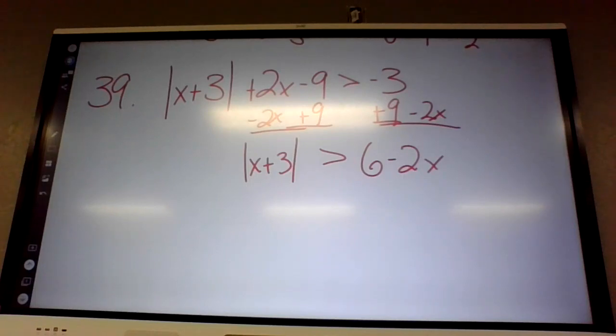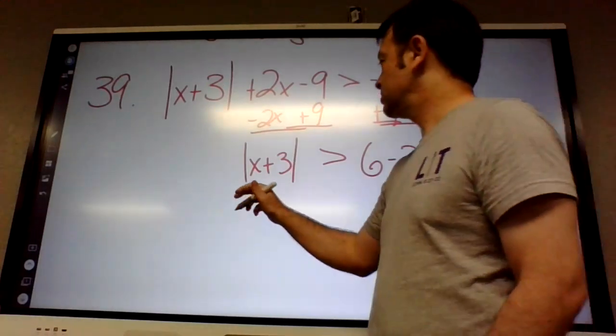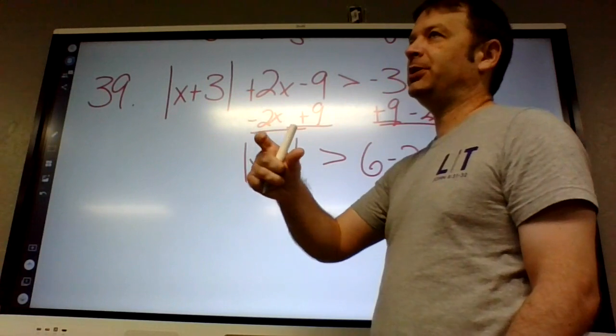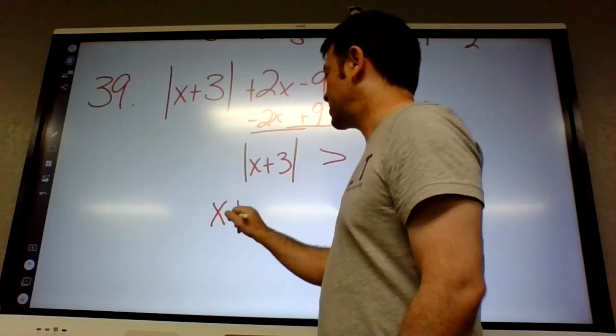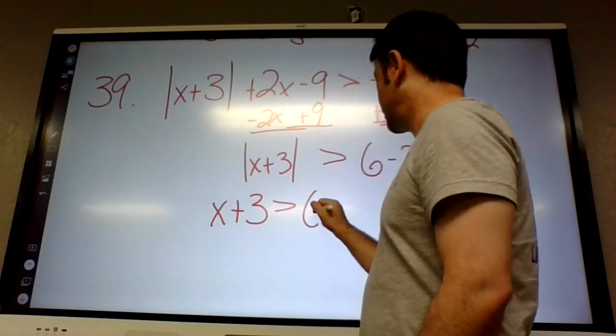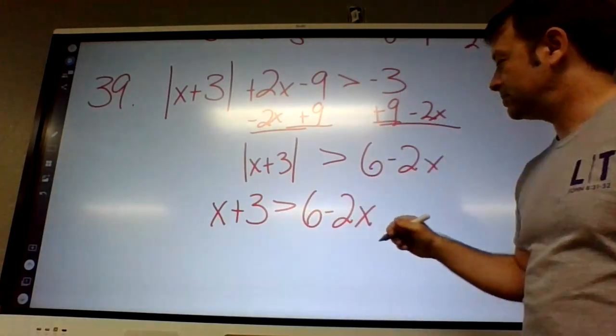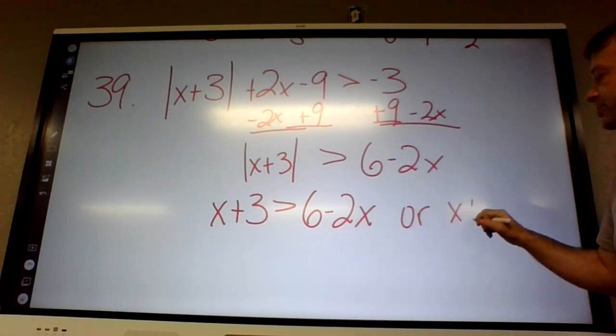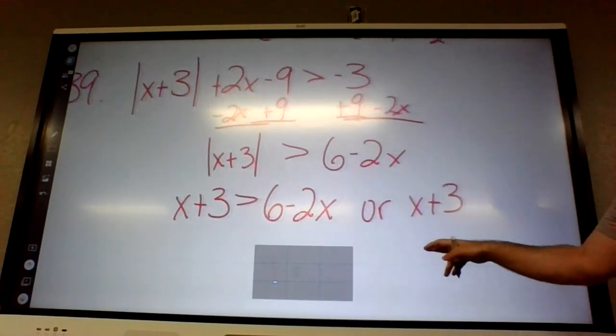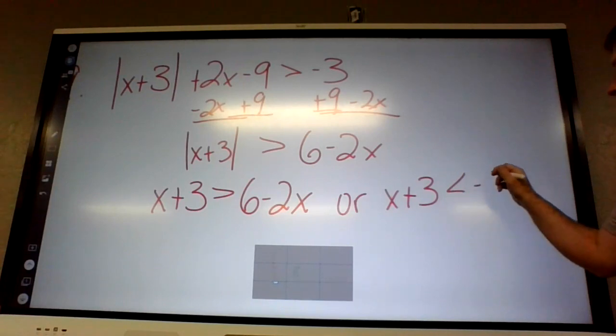How do we set up the greater than? Was it the in between or the or? The or. So this one is x plus 3 is greater than, or x plus 3 is less than 6 minus 2x.